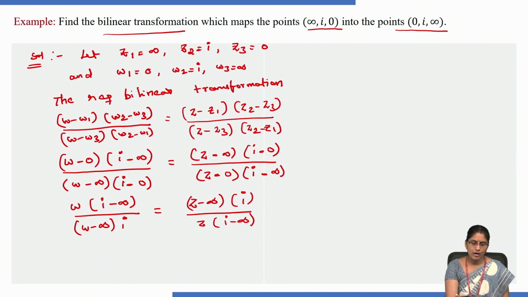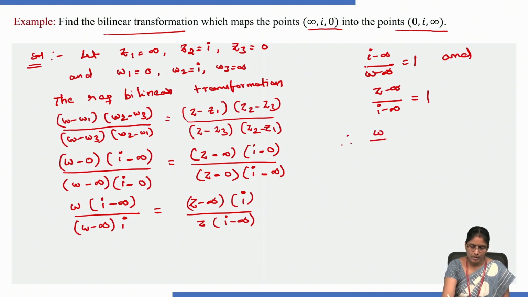In the note, we already discussed the point: if one of the points is infinity, then in place of that we have to mention 1. So i minus infinity over w minus infinity is 1, and z minus infinity over i minus infinity is equal to 1.